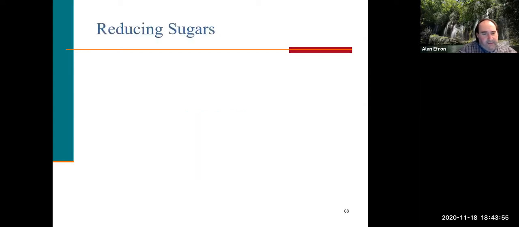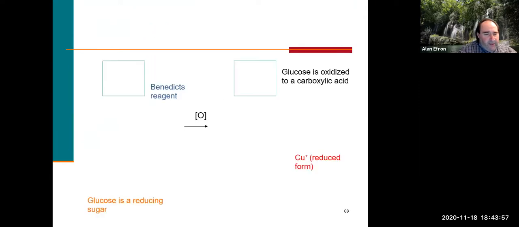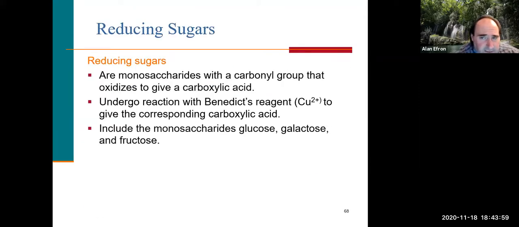All right, so let's talk about some of these properties of monosaccharides. Monosaccharides are considered reducing sugars. Reducing sugars are ones that have the carbonyl group that can oxidize to a carboxylic acid. So very similar to what we saw in organic chemistry.